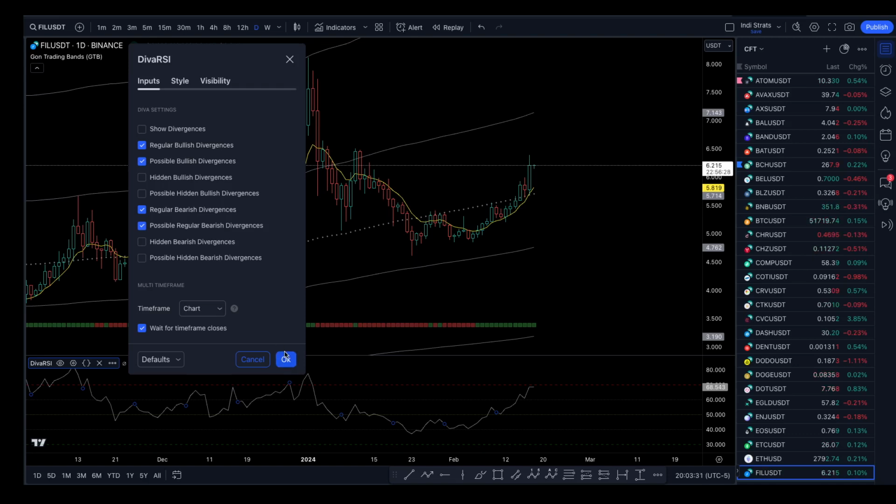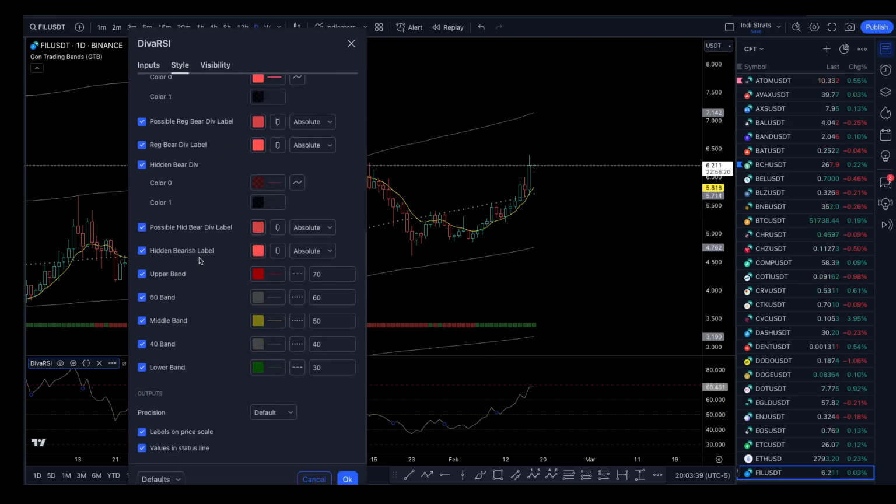But that's a whole different topic, so don't worry about it. So we can just disable the divergences for this video, and we need the labels on the price scale just to make sure we get the correct reading on the DivaRSI. But in the status line, we don't need it unless you want to check past data. Then just leave both of them on.